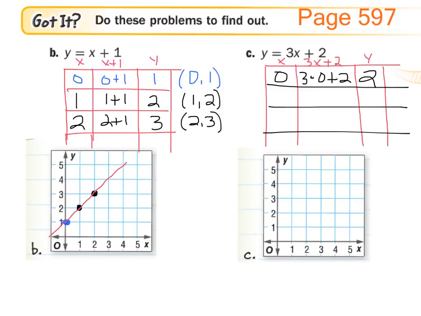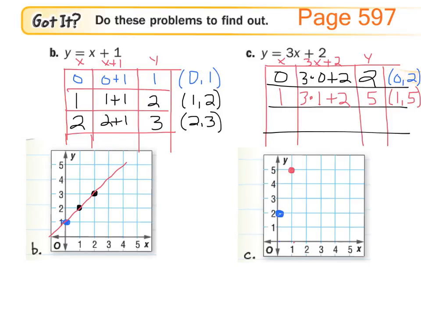So my ordered pair is 0, 2. And I'll go down and chart it right away. I'll go to 0, up 2. Now I'll try 1. 3 times 1 plus 2. Well, order of operations says 3 times 1 is 3, 3 plus 2 is 5. So my ordered pair is 1, 5. So I go over to 1 and up to 5.